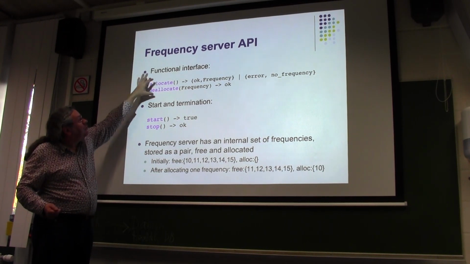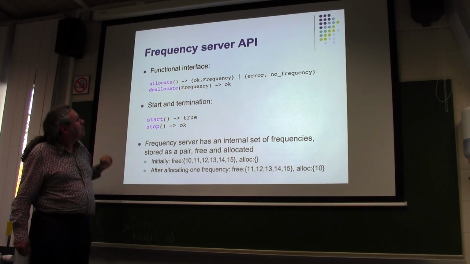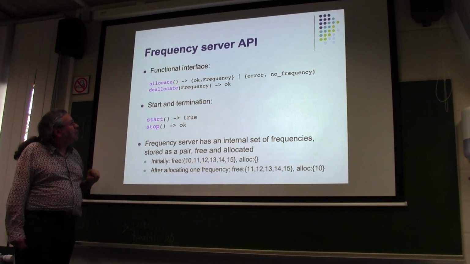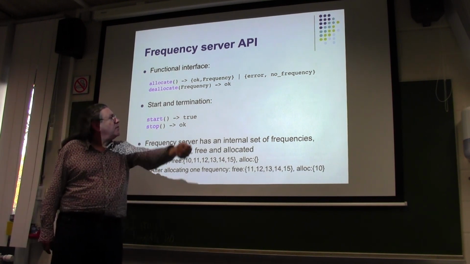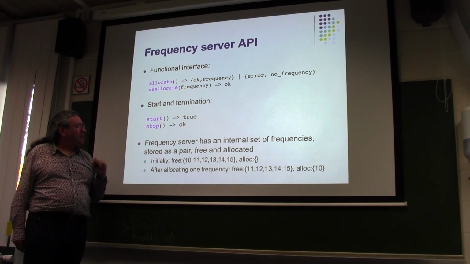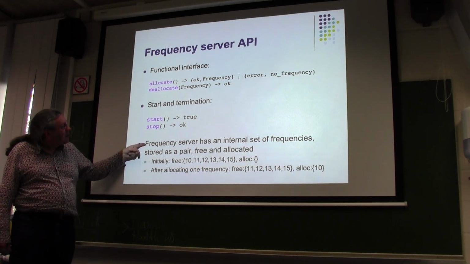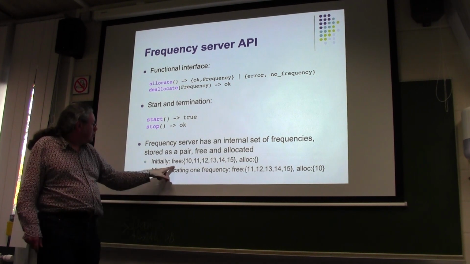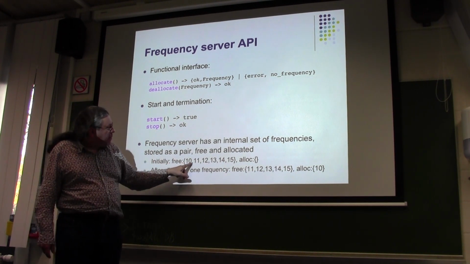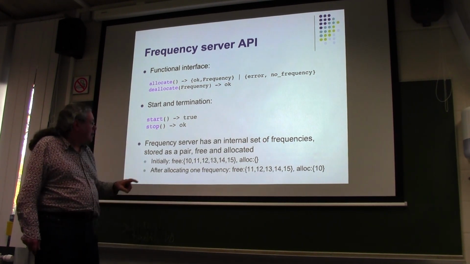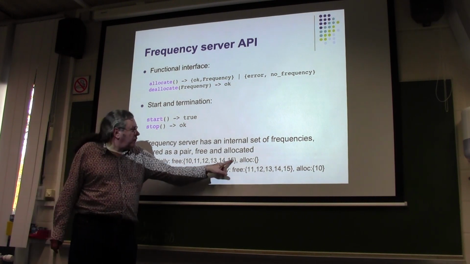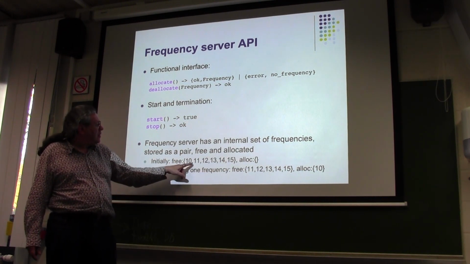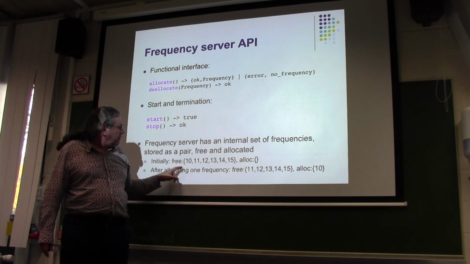See how this works? It's not the actual code. And I also have start and stop, so I can start the frequency server and I can stop it. Internally, the frequency server keeps a data structure, like a set of frequencies or a list: 10, 11, 12, 13, 14, 15.